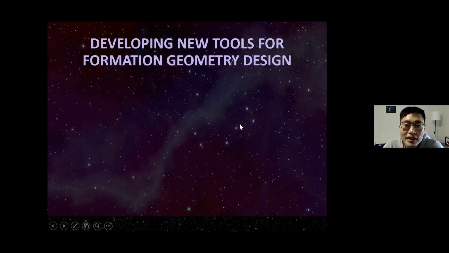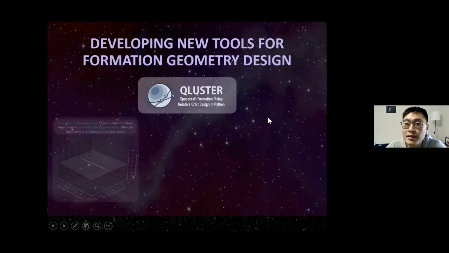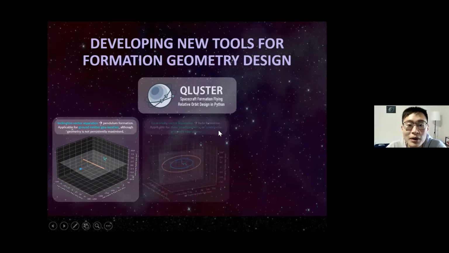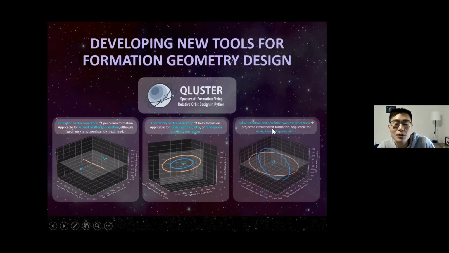And so again, back to my GitHub, I have uploaded software called Cluster, which is spacecraft formation flying relative orbit design in Python. If you're interested, you can always download it. You can run it on Anaconda or any Python IDE. Basically, it helps you describe your relative orbits.